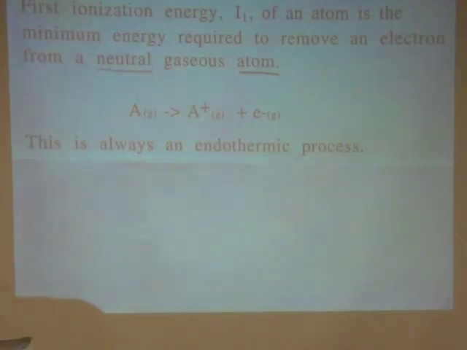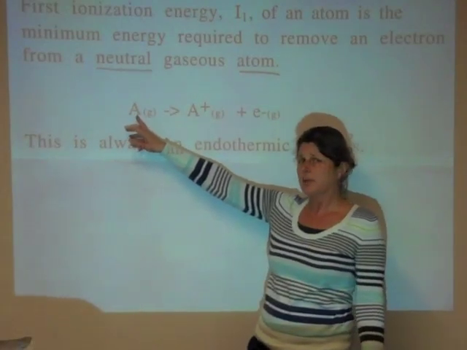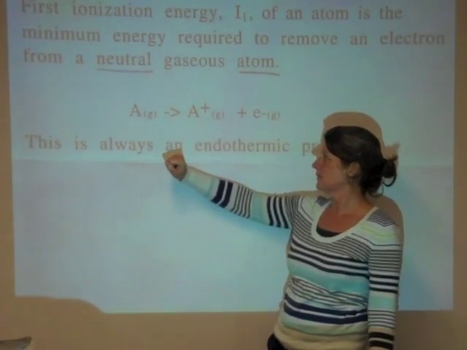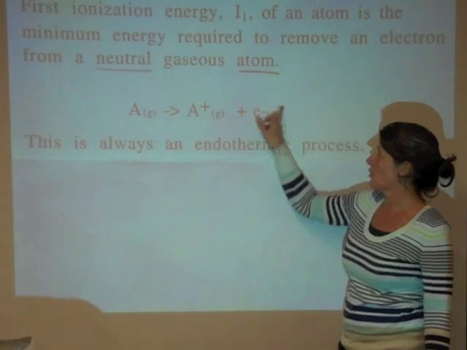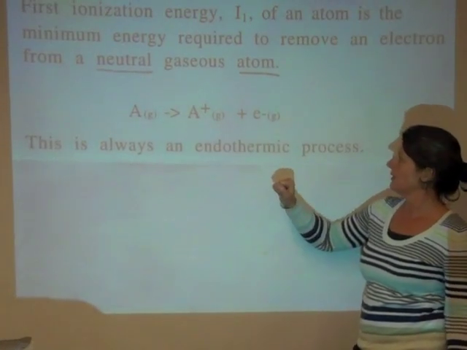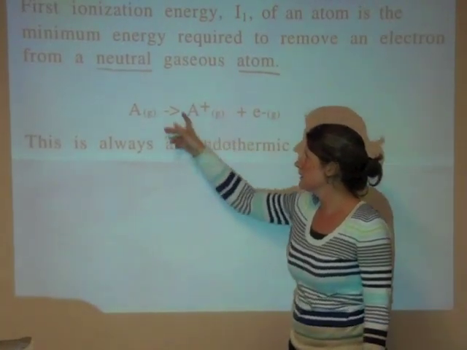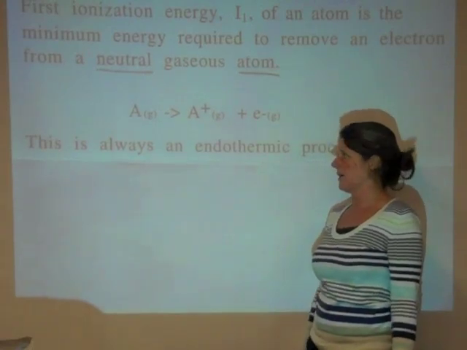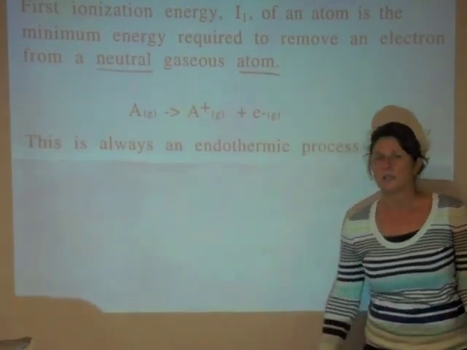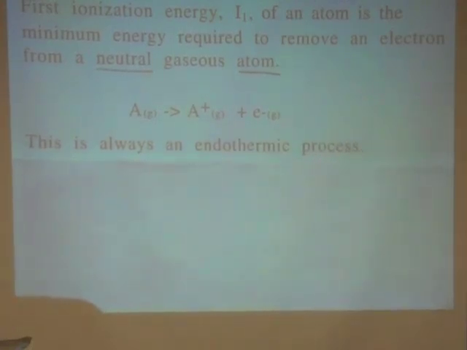This is any atom, that's what A means, any atom in its gaseous phase giving up an electron, losing its electron and becoming a positively charged ion. And of course, this is always an endothermic process. Energy is absorbed, removing that electron. It takes energy to remove the electron.